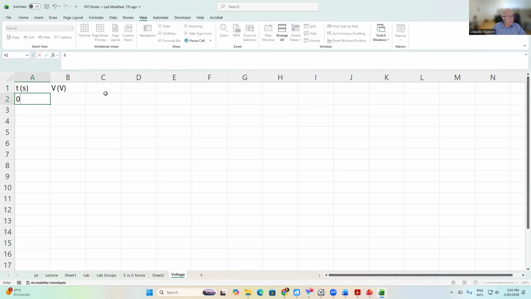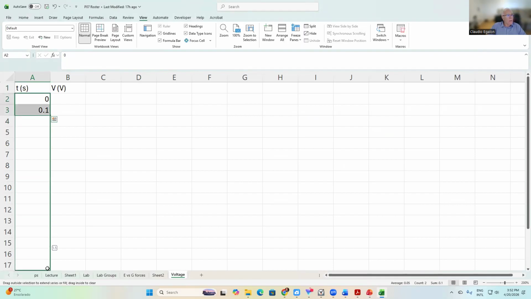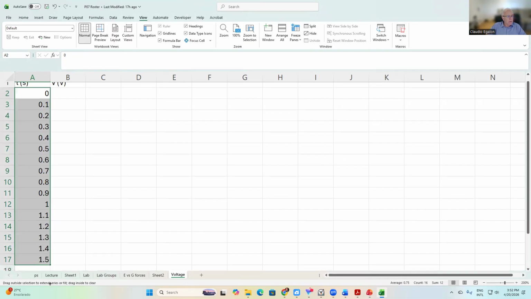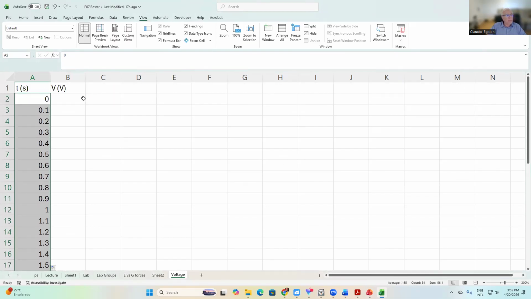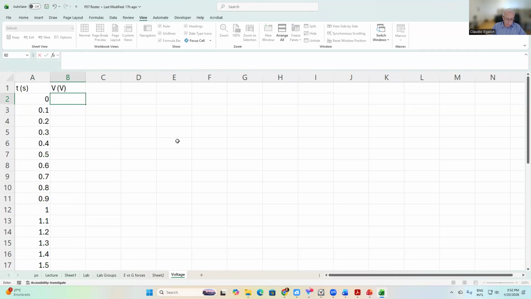Let's start at 0 seconds, then a tenth of a second, a third of a second, and so on. Let's see if we can get a good curve here. My voltage here, let's say it's going to have a peak of 110, just like we have in the power.